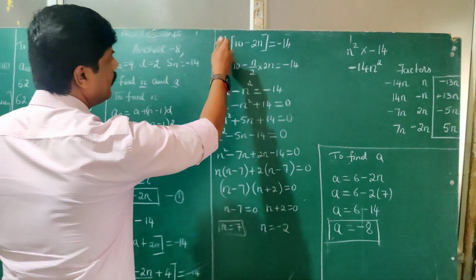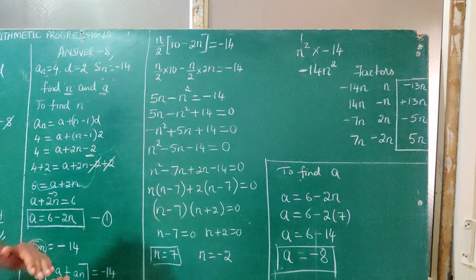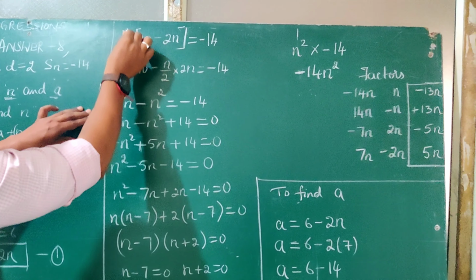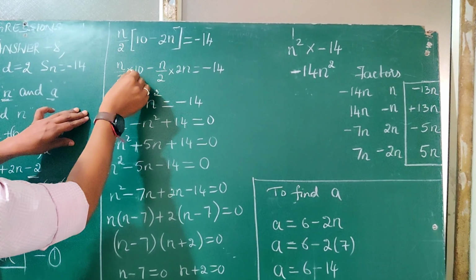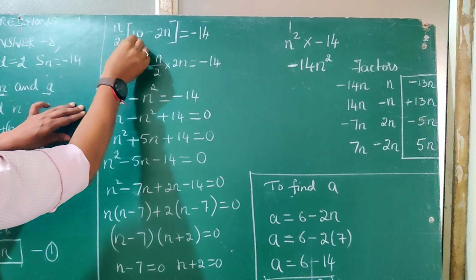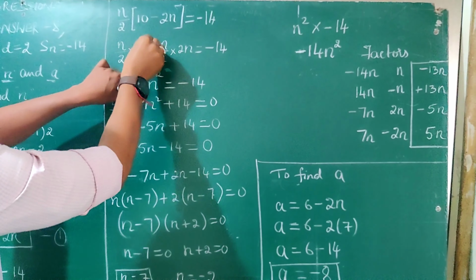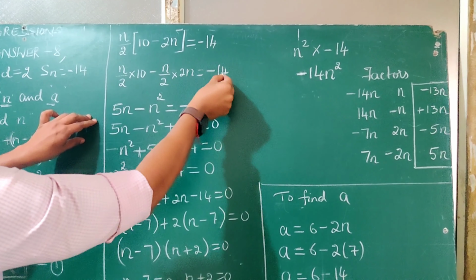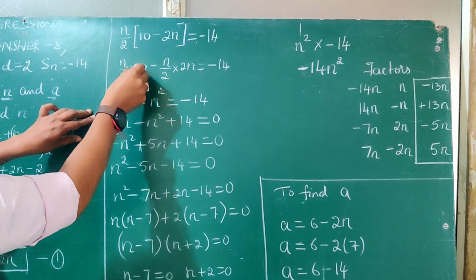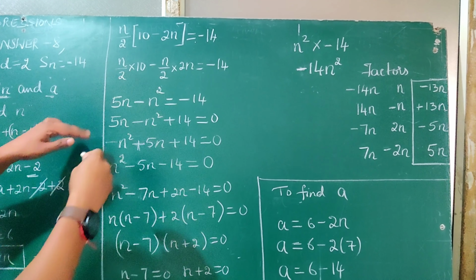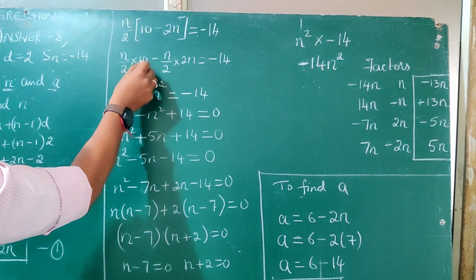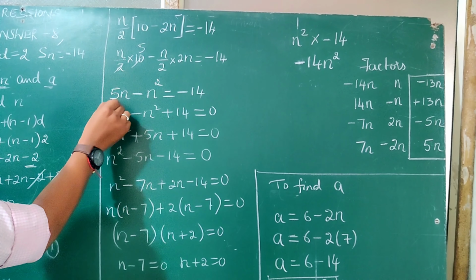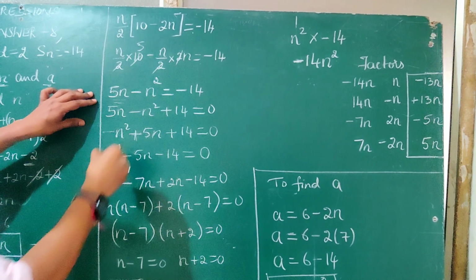Now multiply n by 2 with this 10 minus 2n, so that n by 2 into 10 minus n by 2 into 2n is equal to minus 14. Now as you can see here, 10 has many factors, that means 10 can be divided by 2, so 2 fives. 5 into n is 5n. Okay, and 2 and 2 get cancelled.